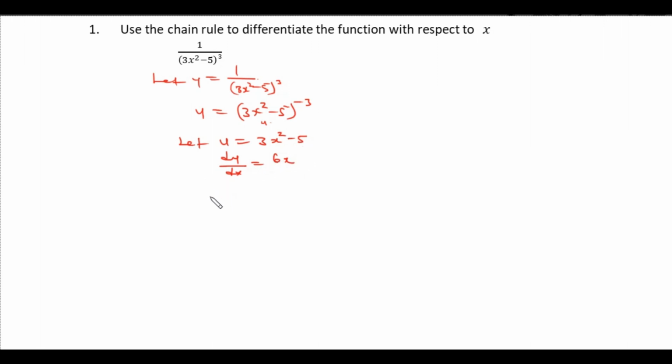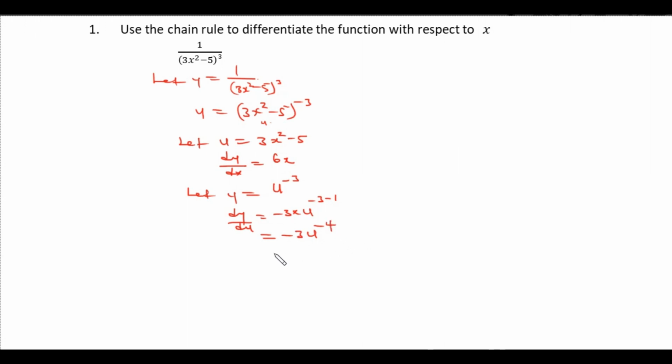And we say y is this u now raised to the power minus 3. So we differentiate dy/du with respect to u: minus 3 comes down, minus 3 times u, and then minus 3 minus 1, so we have minus 3u raised to the power of minus 4.